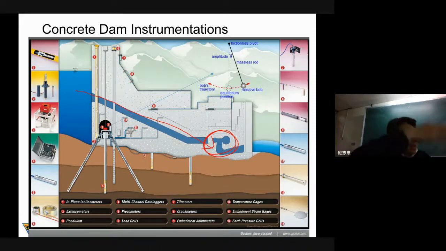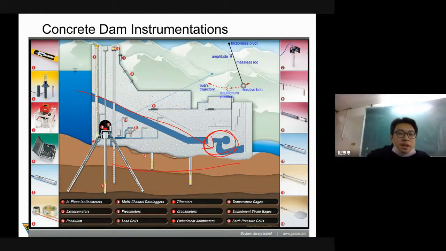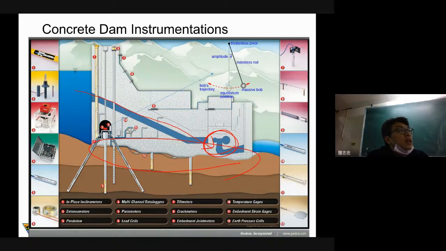We need to exclude this kind of geological condition. But in Taiwan it is very hard to find a very good quality place, because we have young geological conditions, and also many faults and earthquakes. But this is a good point. We need to confirm the stability of this foundation.